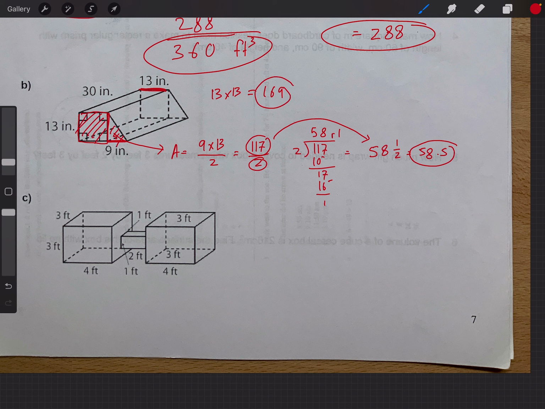The area of the square is 169, and the area of the triangle is 58.5.